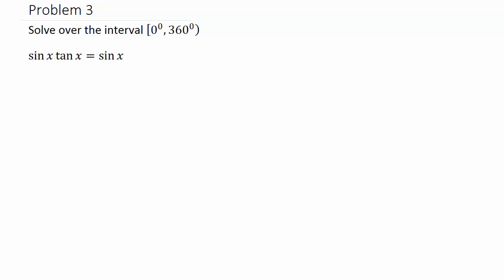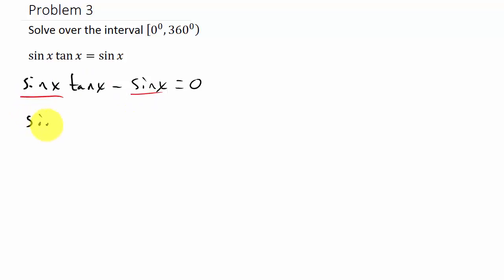Alright, so let's go ahead and get all the trig functions on one side. So I'm going to bring sine x over, so that's sine x tangent x minus sine x equals 0. If you look at this, you notice I can factor out a sine x.